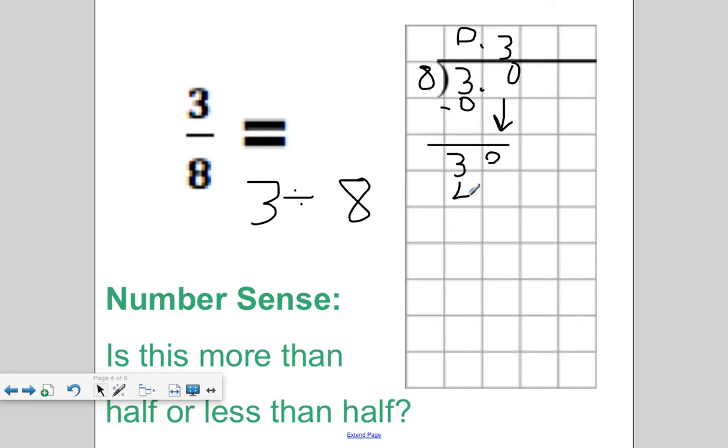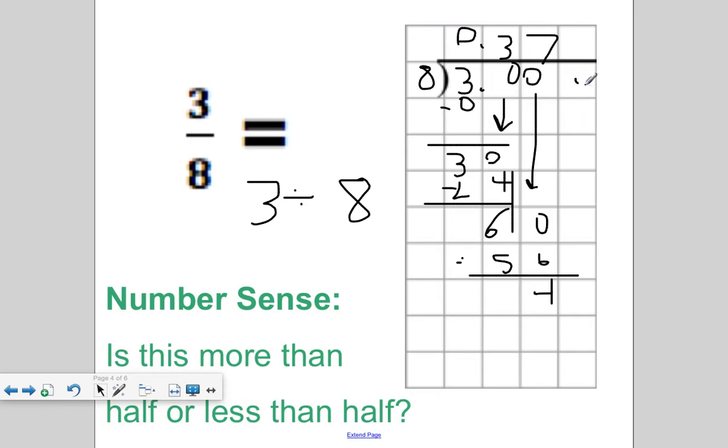So I subtract 30 minus 24, and I get 6. I need to get rid of this remainder, so I add another 0, because 3.00 does not change the value of 3. Can groups of 8 go into 60? 8, 16, 24, 32, 40, 48, 56, that's 7 groups. So 60 minus 56 is 4.